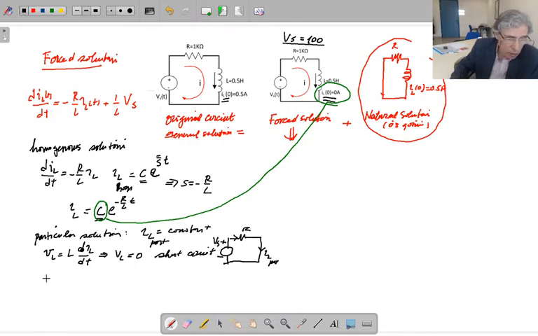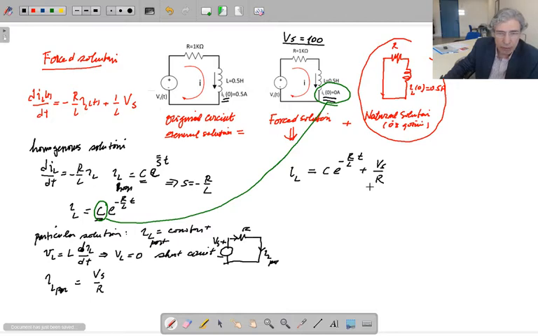Then IL particular is equal to Vs over R. If I add those two, IL general solution is equal to C e to the power minus R over L t plus Vs over R. This is the general solution.